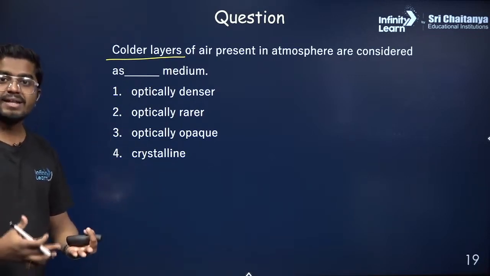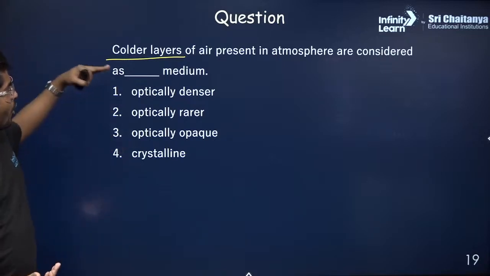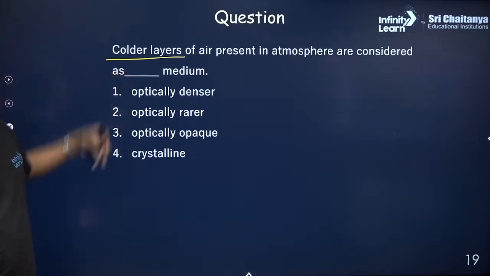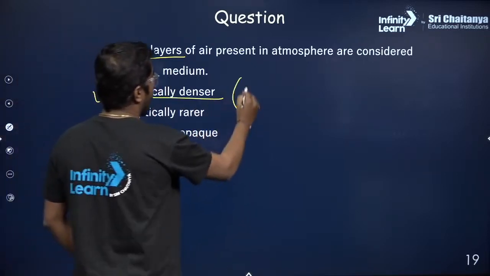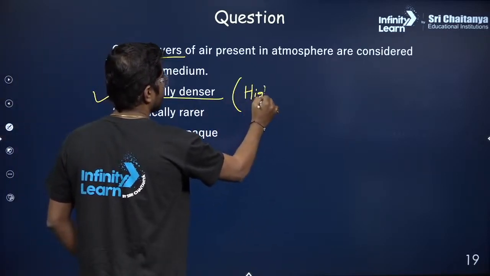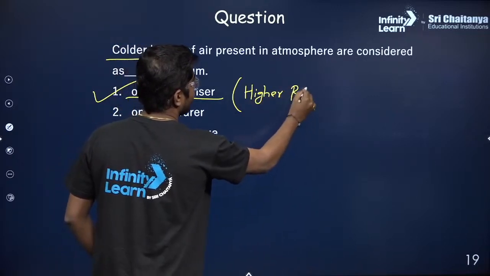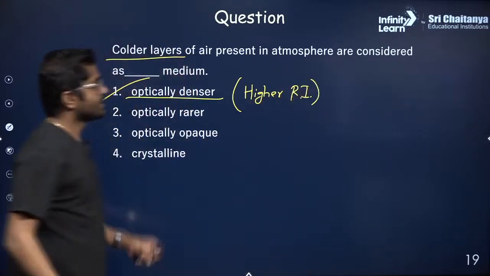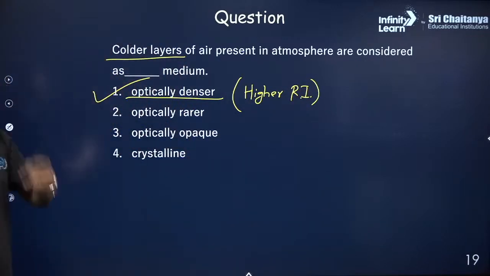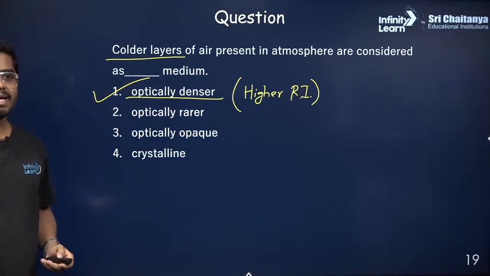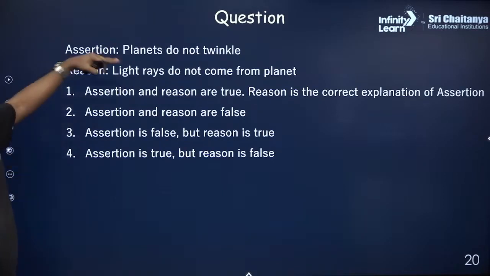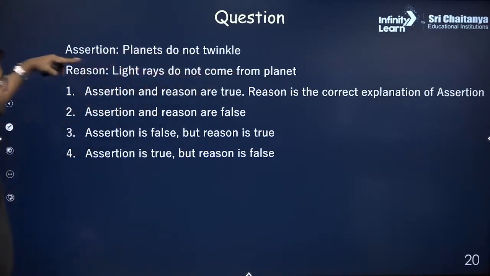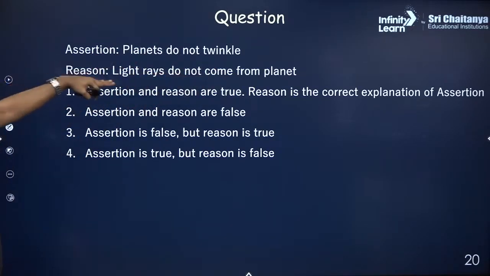So if it is denser, it will be optically denser. Optically denser meaning higher refractive index. That is the meaning of optically denser. Clear? Great.